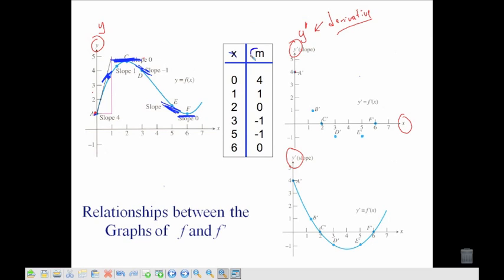And then we think of the slope, rather than calling it slope or instantaneous rate of change, that's going to be our y prime or f prime. And so I can graph these on a graph of x, y prime axis as my x value and then the slope. So 1, 1, 0, 4, 2, 0, 3, negative 1, 5, negative 1, 6, 0.